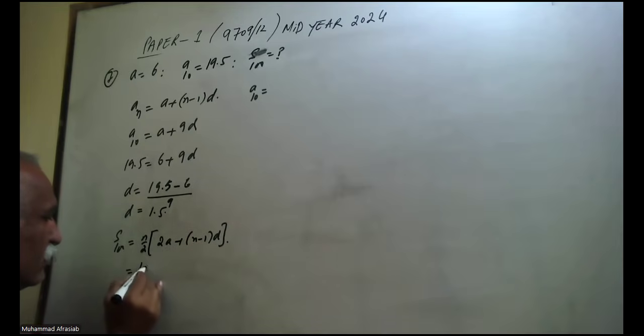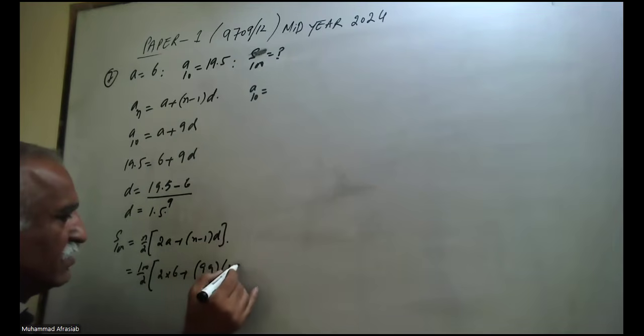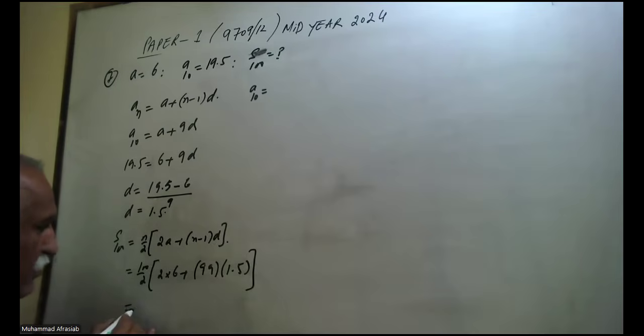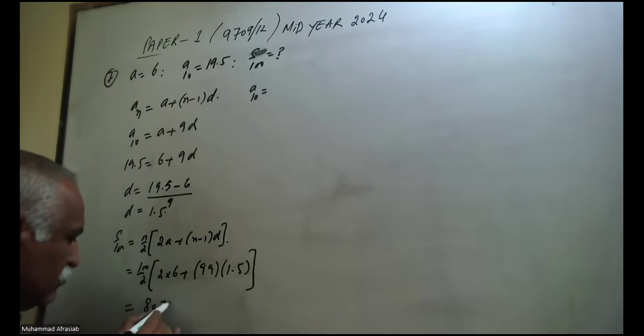So it should be equal to 100 over 2 into 2 times 6 plus 99 into 1.5, and that value is equal to 8025. This is the answer for the sum of the first 100 terms of this progression.